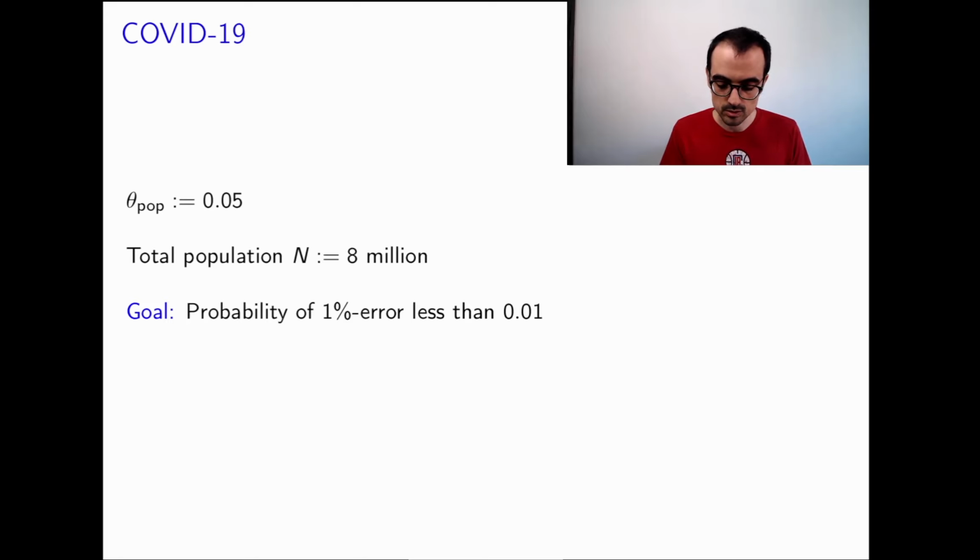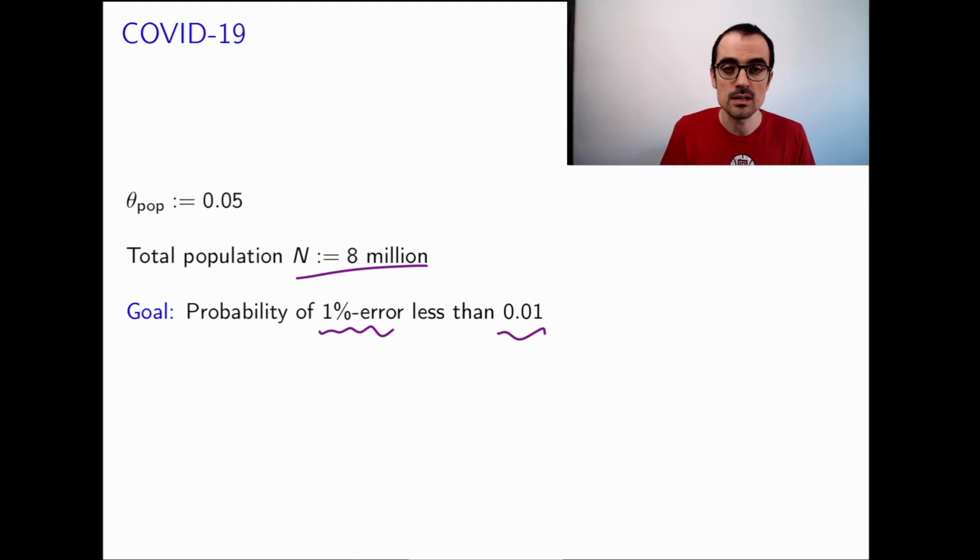We have a total population of 8 million, and we want a probability of error that is less than 0.01. We want the deviation between our estimate of the prevalence of COVID-19 and the true prevalence to be less than 0.01, 99% of the time.